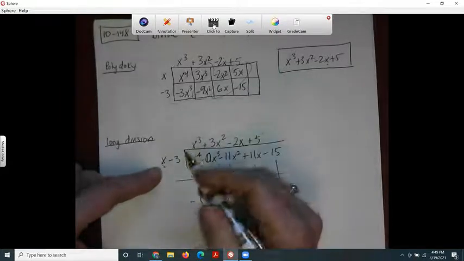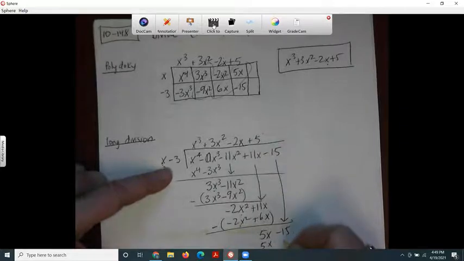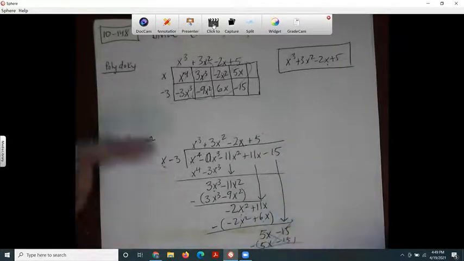And when I subtract, I get a 0 remainder. So this also gives me the same answer.